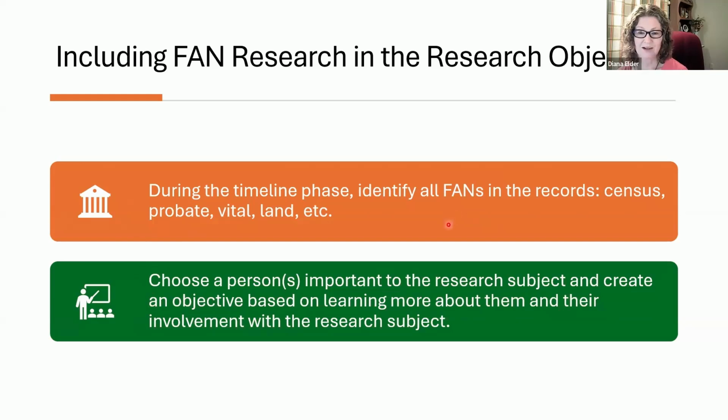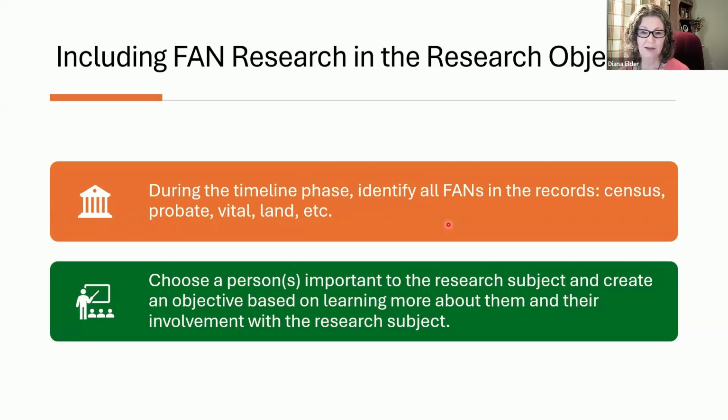If you're using the Airtable Research Log base, there is a special field just for FANs. If you're using a spreadsheet, you can have a column for FANs. If you're using a document table, you could just note the FANs in the table. You could simply write a list of them, but make sure you're identifying them.